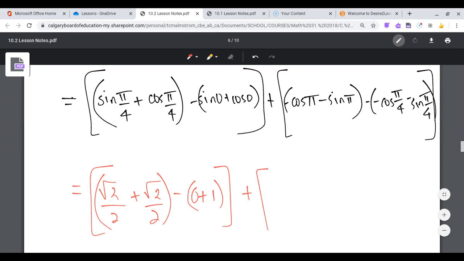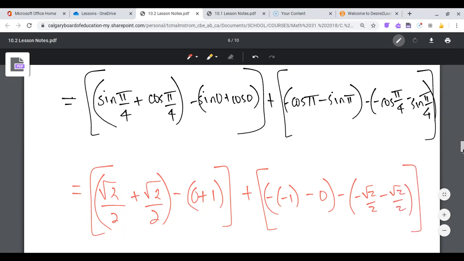Plus, now region 2, negative cos pi. So negative 1, because at cos pi it's negative 1, minus 0, because sine pi is 0. That can go in brackets. Subtract negative cos pi on 4, which is root 2 on 2. Subtract sine pi on 4, which is root 2 on 2.